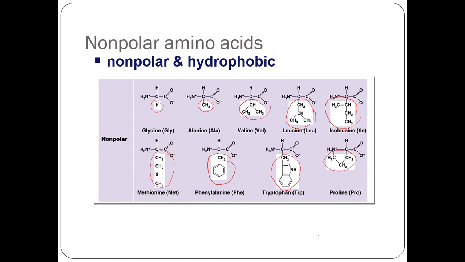If you think about it, these are basically just hydrocarbons, except for this one, of course. But still, this is non-polar, because the S here does not really contribute a polar bond, since it's just bonded to CH2 and CH3.